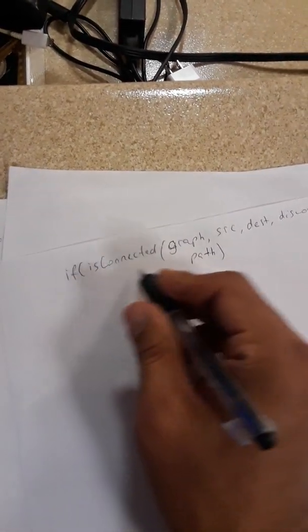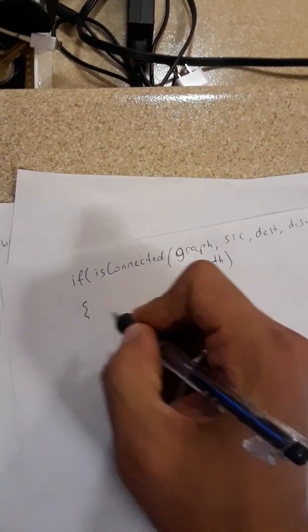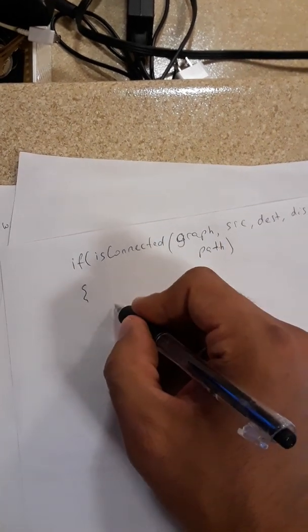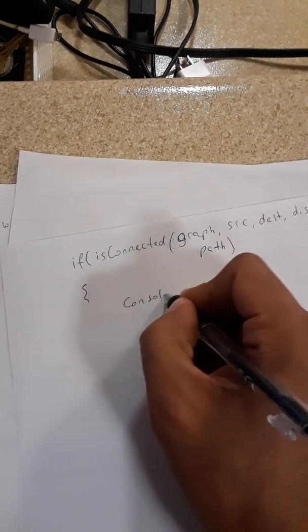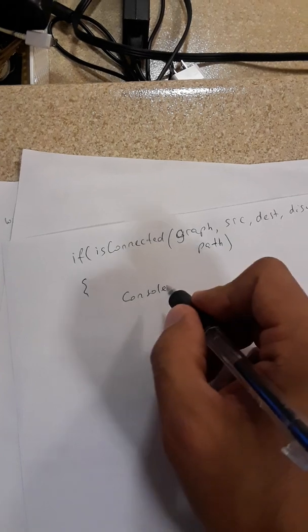And if it returns true, we will print elements from the queue.